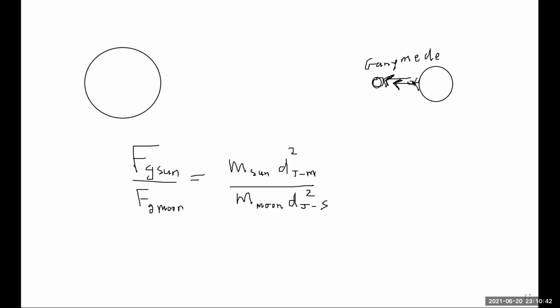Because you're standing on Jupiter, so if you want to know how much the sun is attracting you, you need to know the distance between you and the sun.